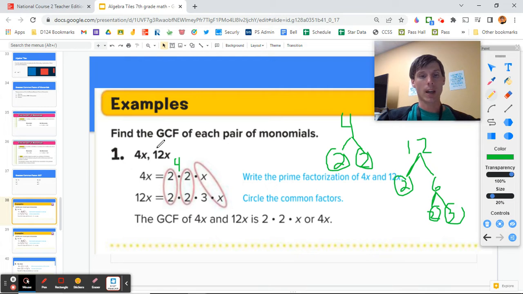So in other words, I could take 4x. We know 1 times 4x is 4x, and we know 4x times 3 is 12x. Either way, this common factor of these both is 4x.